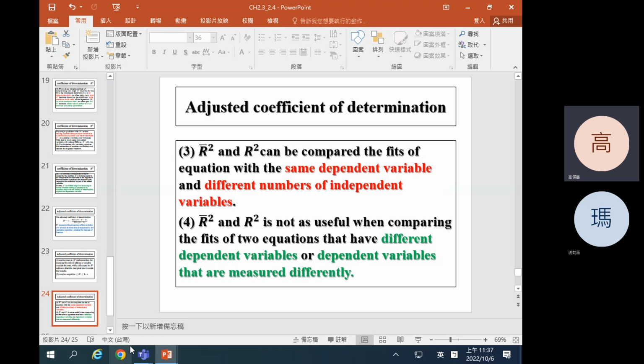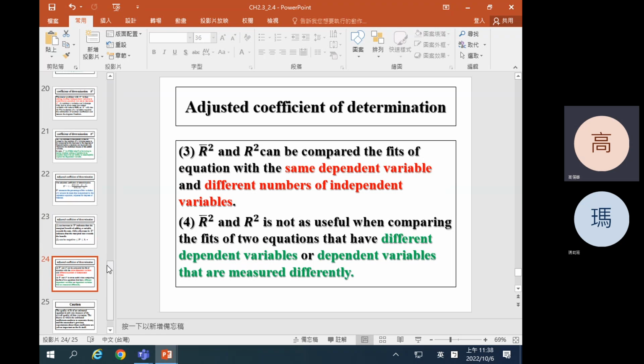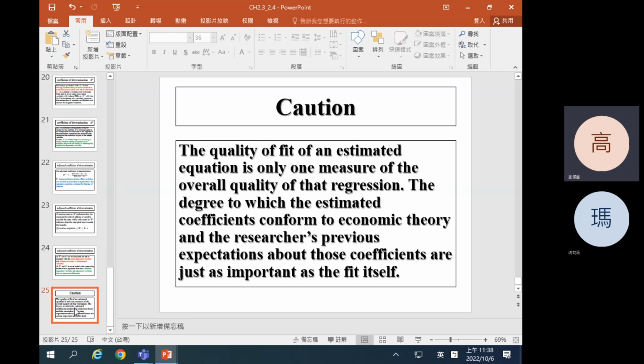I don't mean using different measurements, just defining it differently. That means these two dependent variables are not the same dependent variable.